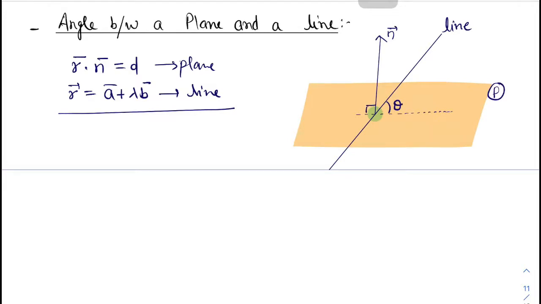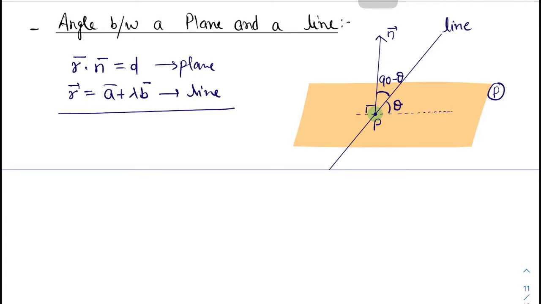So you can visualize that the angle between the normal and the line will be 90 minus theta, because the line is intersecting the plane at an angle of theta, and let us consider this point of intersection of this line and the plane to be this point P. So if I draw this normal vector at point P, then clearly this angle between the line and the normal vector is 90 minus theta.